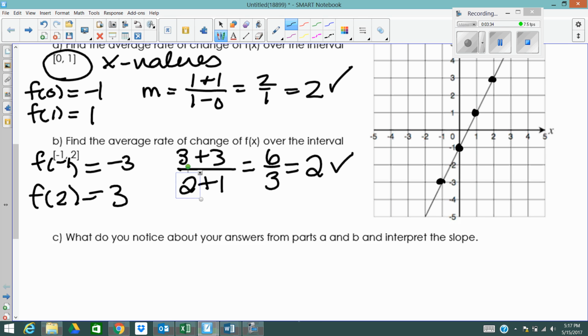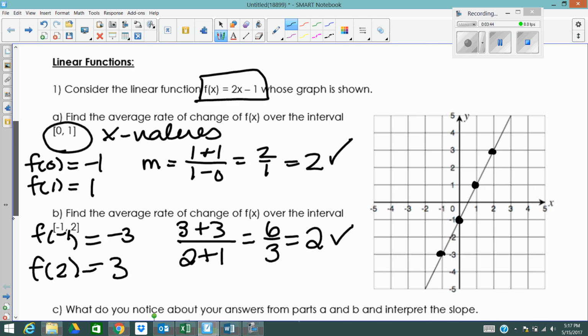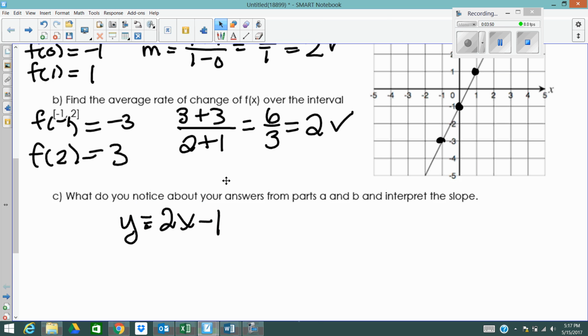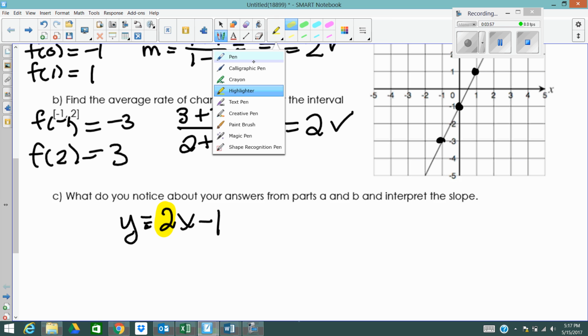So we have two instances in A and B where we calculated that, but also if we know our function is y equals 2x minus 1, we also can use a slope formula or slope-intercept form of a line to identify our slope that way.